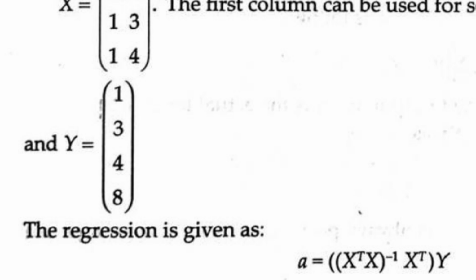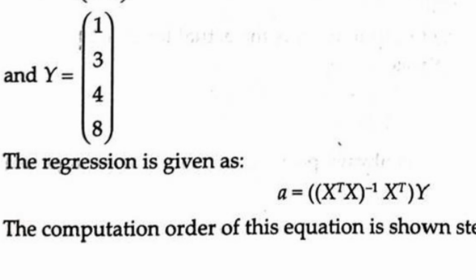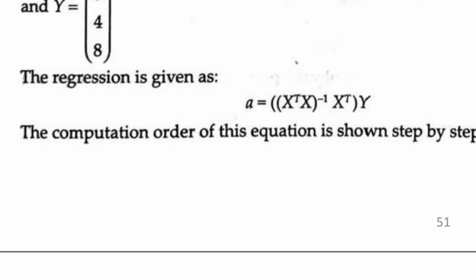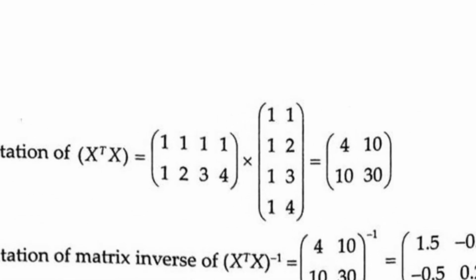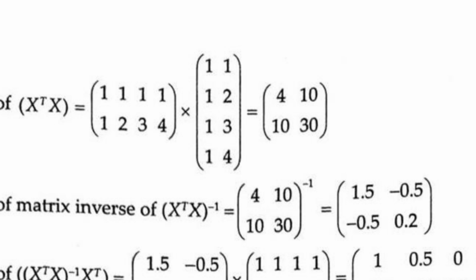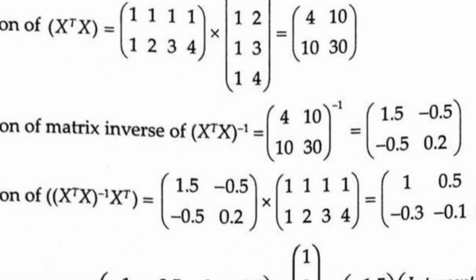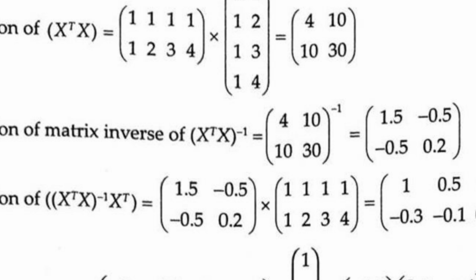X and y are represented in the form of matrix. Now transpose of x and x are multiplied. This is the transpose of x. Change column to row, row to column. Multiply that with x. You will get the result. That you have to inverse. We should know how to inverse a given matrix. After inversing, you multiply that with x transpose.